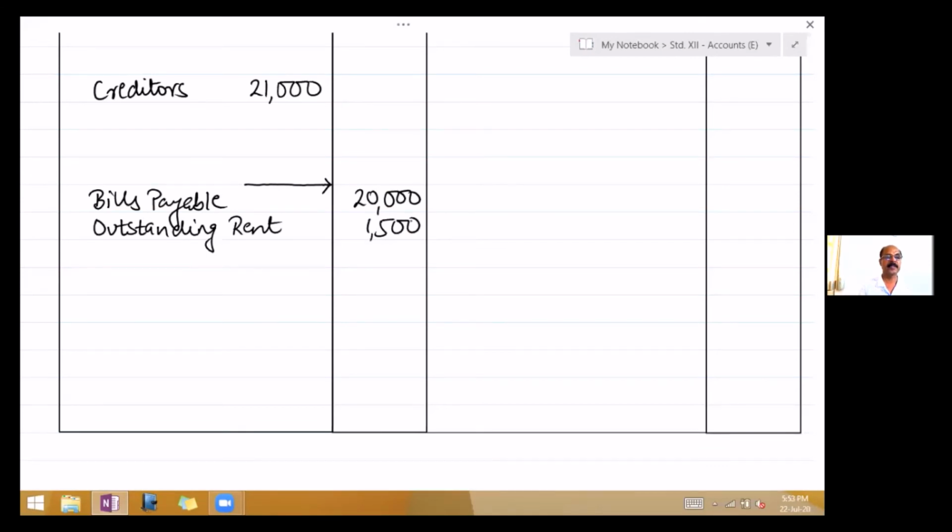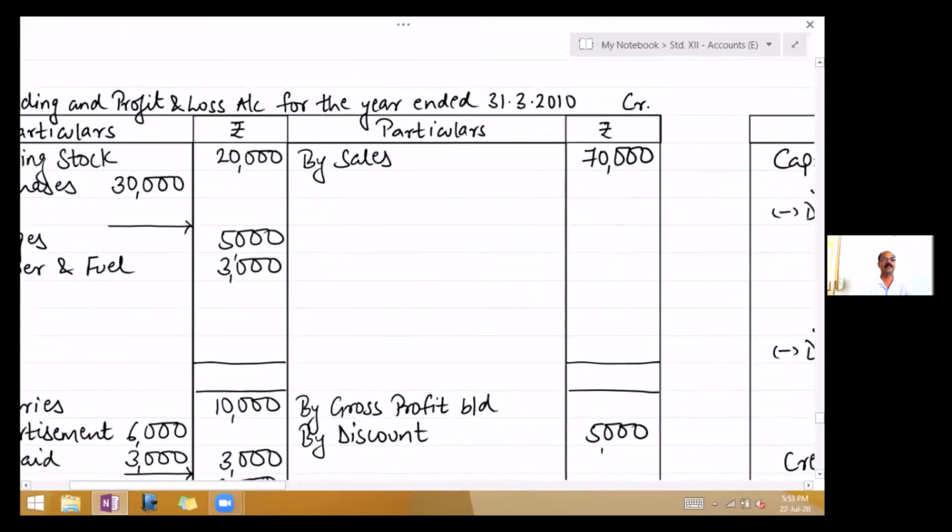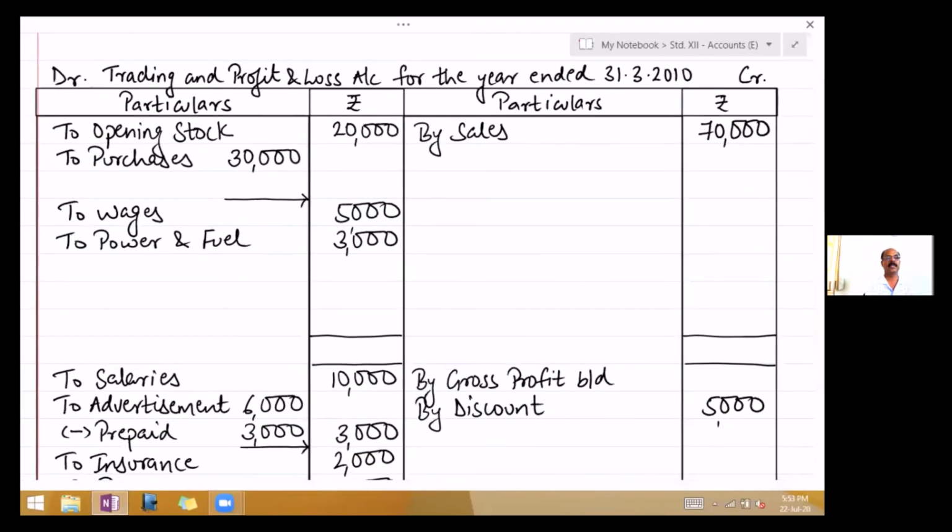Okay, take the adjustments. First one, closing stock is valued at 35,000. So on the trading account credit side, first effect, leave 3 lines and write by closing stock 35,000. And second effect, asset side of the balance sheet.